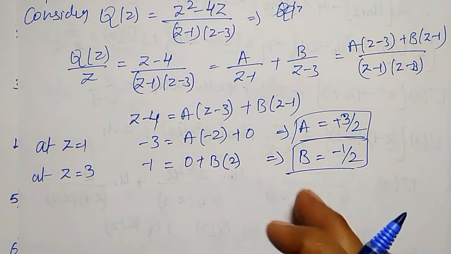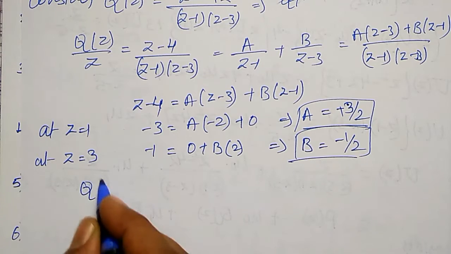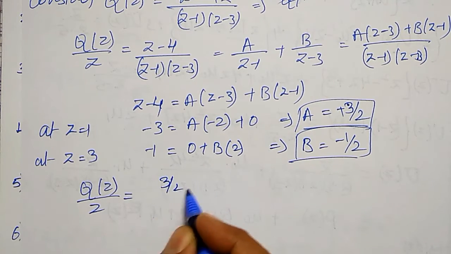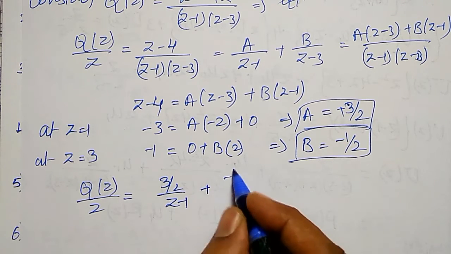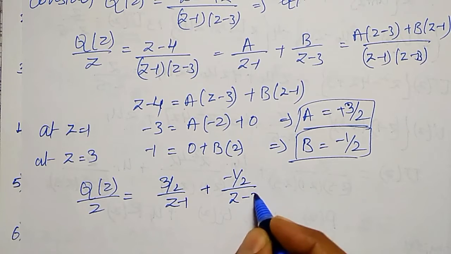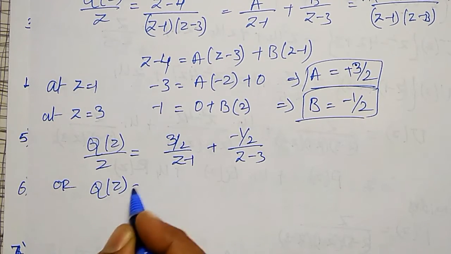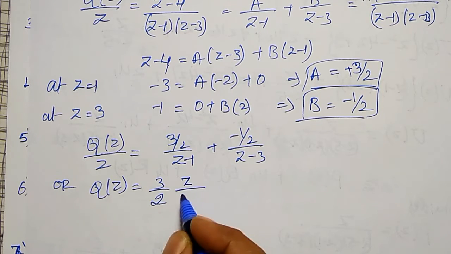Using this a and b in this Q of z, I can write Q of z divided by z as 3 by 2 times 1 over z minus 1 plus minus 1 by 2 times 1 over z minus 3, or Q of z is equal to 3 by 2 times z divided by z minus 1.